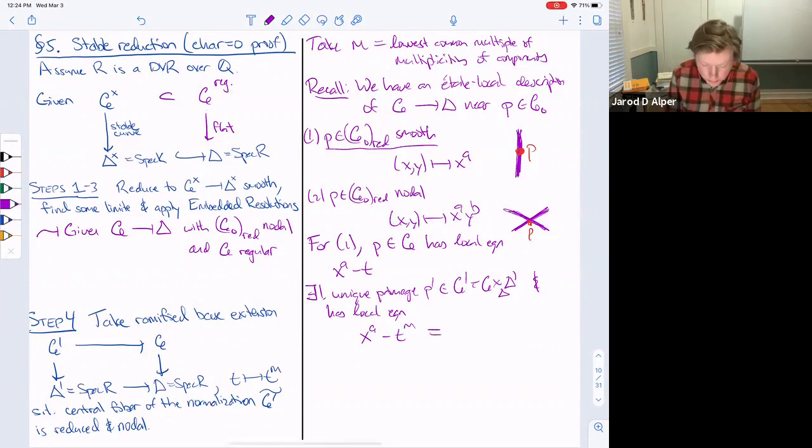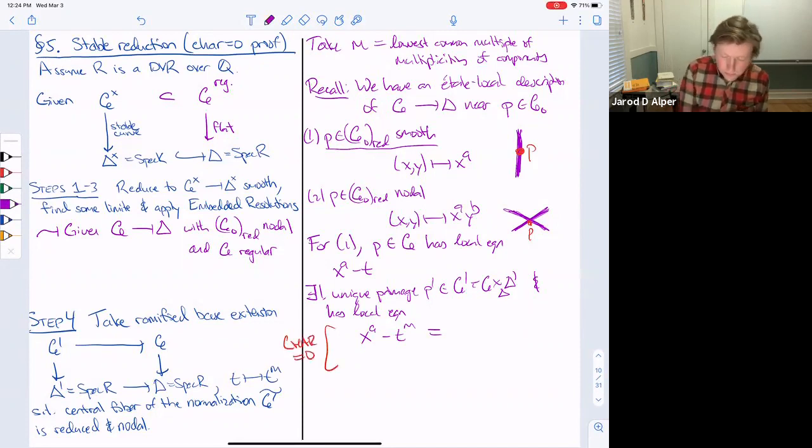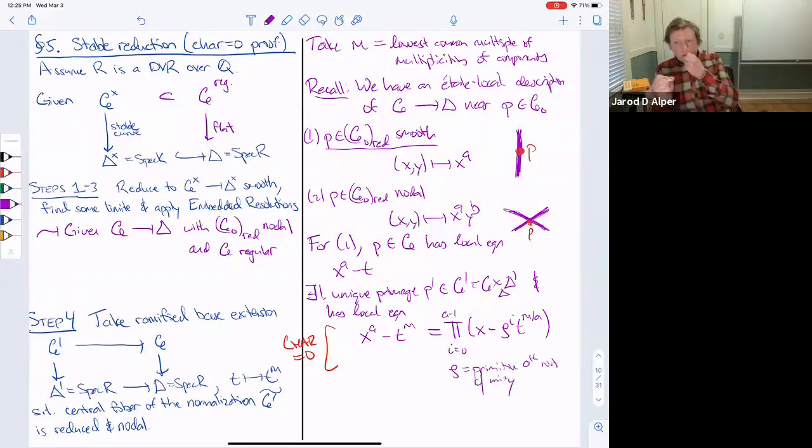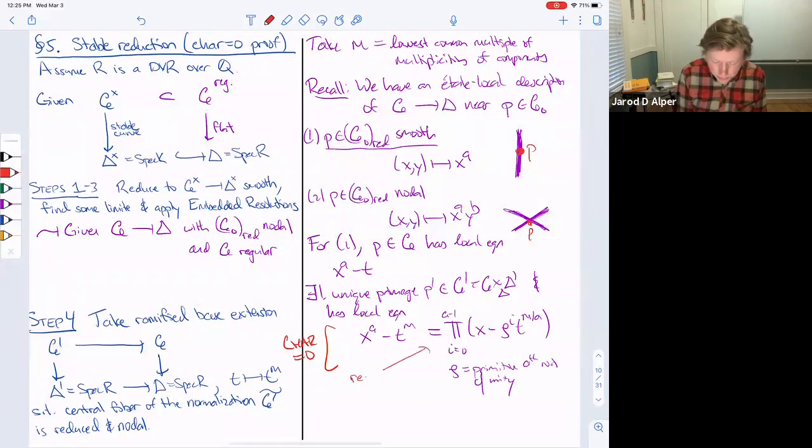So this factors, and now we're going to be using characteristic 0. So we can then factor this, where rho is a primitive eighth root of unity. And what you note is that in characteristic 0, this is reduced.